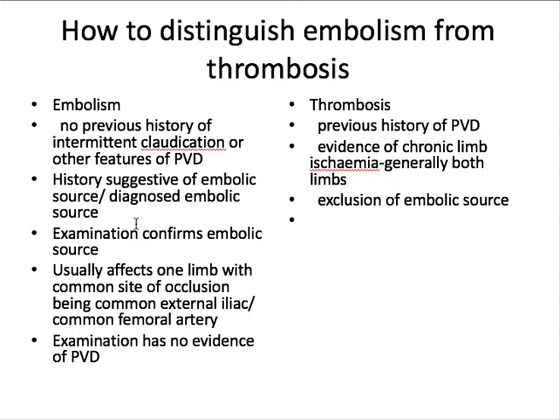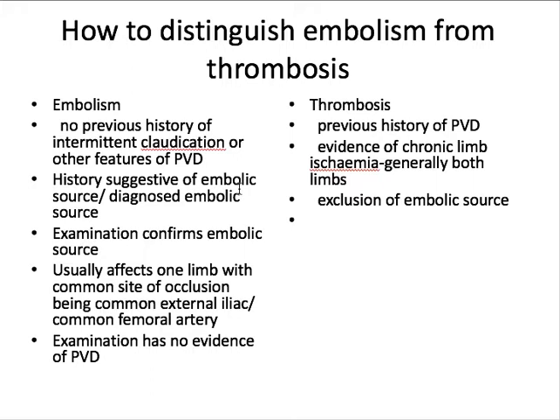And in embolism, there will be history suggestive of the embolic source, or maybe it is diagnosed already. A person who has a valvular heart disease may be diagnosed and on treatment for that. Or the history may suggest that he has some features of arrhythmias or cardiac failure.